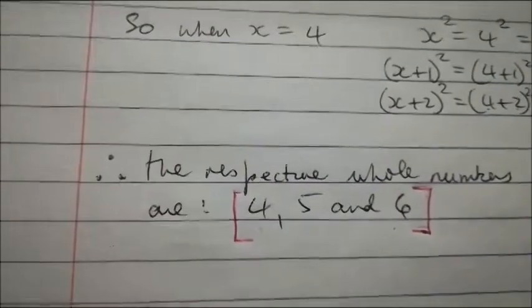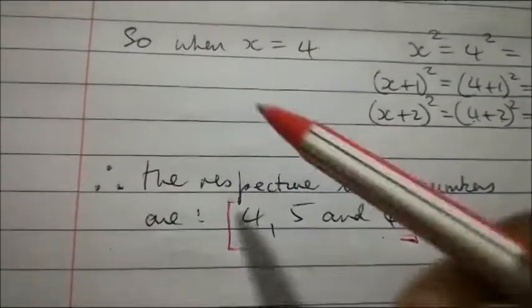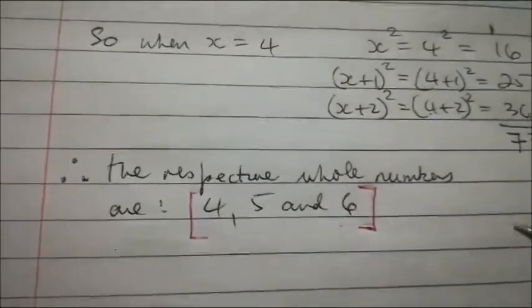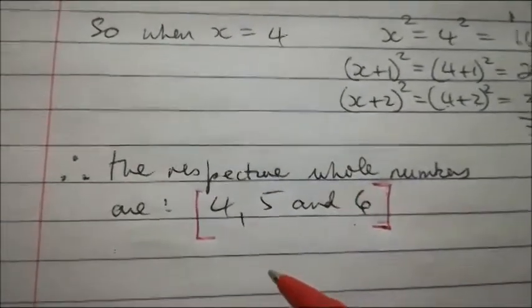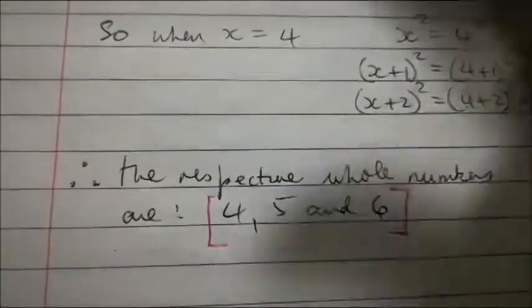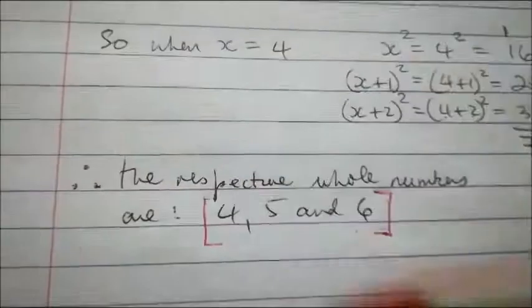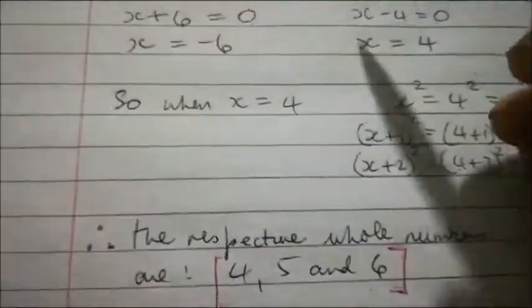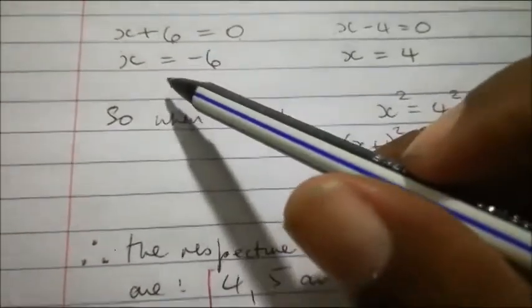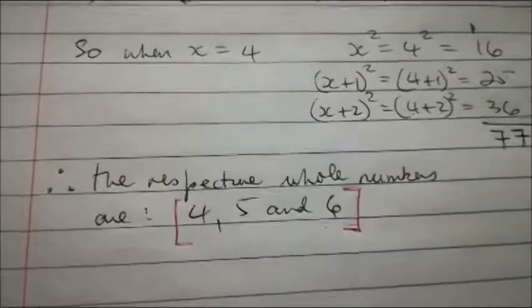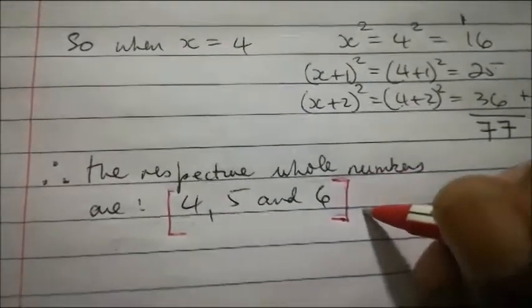The counting numbers go from 1 all the way up, and when you add a 0 to the list, it becomes whole numbers, right? Integers now include negative numbers. When you add negative numbers to the whole numbers, then those are called integers, right? So we don't want to use x equal to minus 6, and therefore this is the answer. These are the numbers we're looking for.